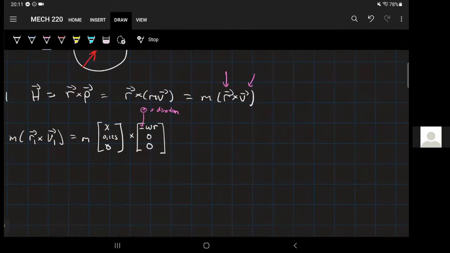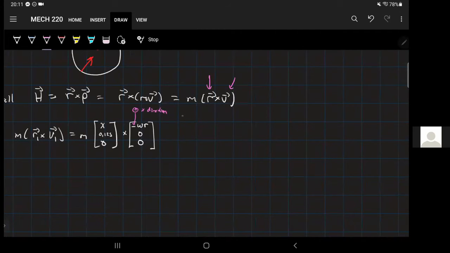And then we'll just multiply it out, right? And then when we do the cross product, the result's going to be a vector. So let me do it the long way, right?